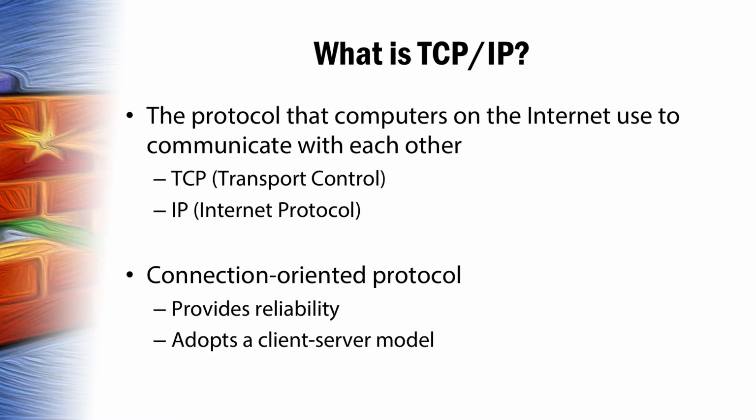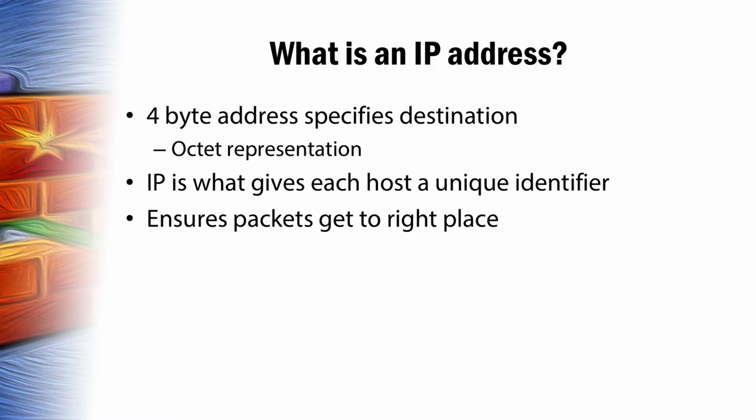IP handles carrying the TCP packets from one computer to another based on a 4-byte destination address called the IP address. Each computer, called the host, is uniquely identified by a specific IP address on the Internet. The IP address ensures that each packet gets to the right destination.